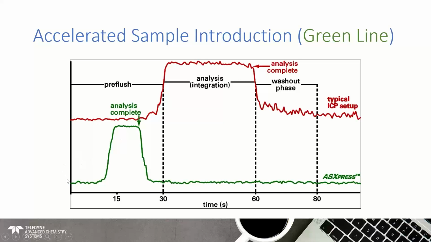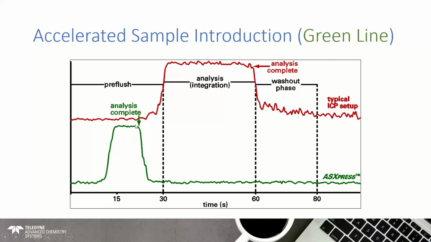If we now look at the green line with our rapid introduction, we've started at our baseline signal, and we've rapidly pulled up our sample, switched the valve, and the sample is being introduced to the ICP. So all of a sudden, our sample signal goes up, and then we can start our sample measurement much sooner.